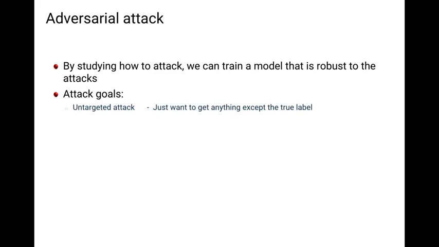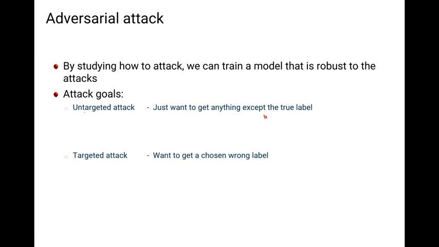So what kind of attack can we create? There are actually two kinds of attack goals. One of them is the untargeted attack. The other is called the targeted attack.